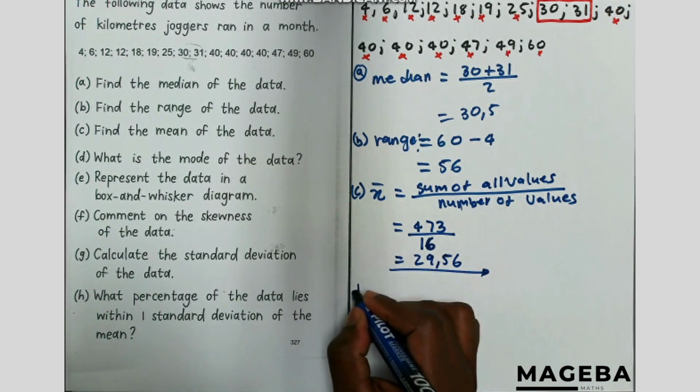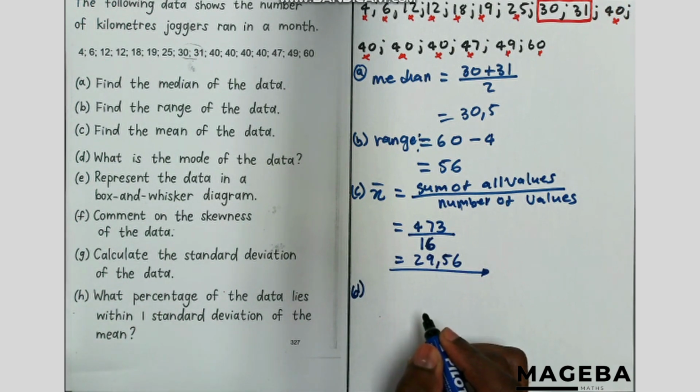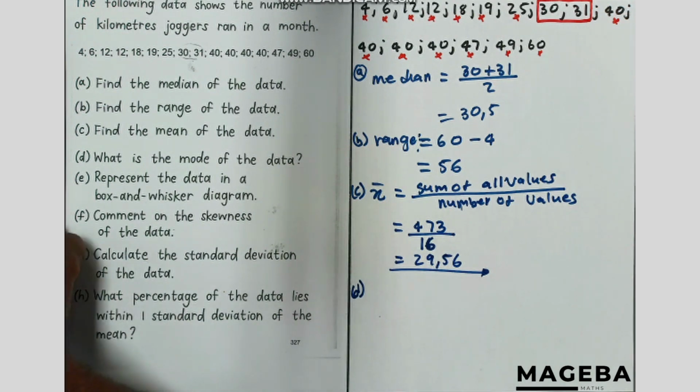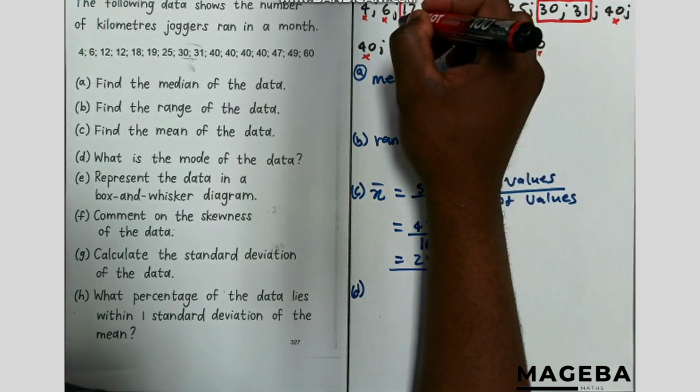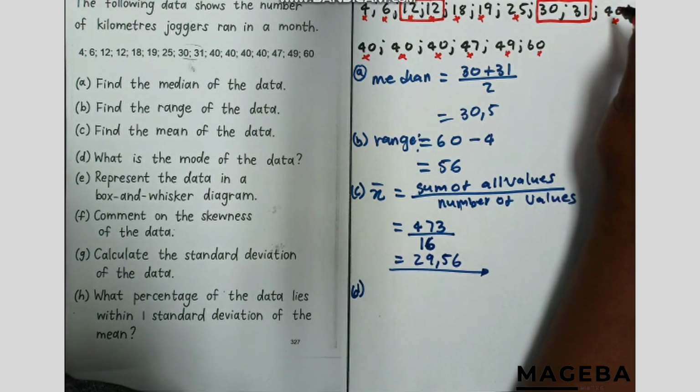And now D, they are asking me what the mode is. Remember, the mode is the number that is repeated the most. Now I have 12 that is repeated in this data, and I also have 40.